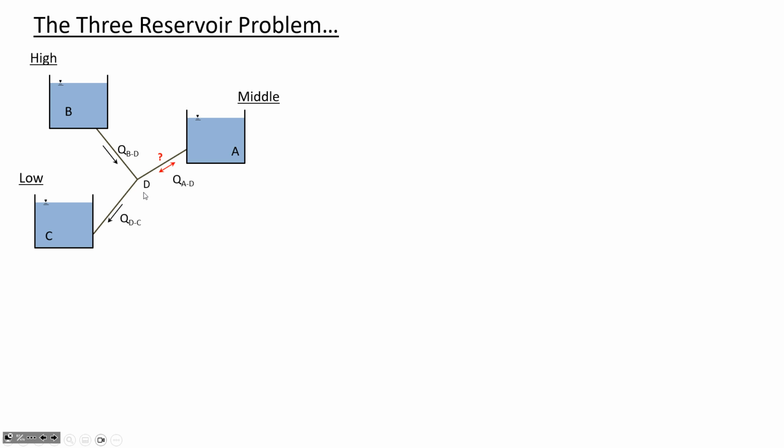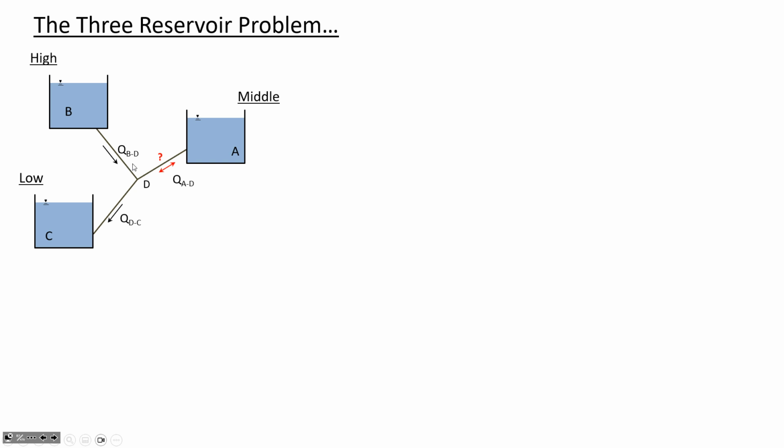And so we don't really know if the water is going to go in or out of A until we know, is there more energy at D than A? And if there's more head, we're going to measure the energy in units of length. So measuring energy in units of length, that's head.